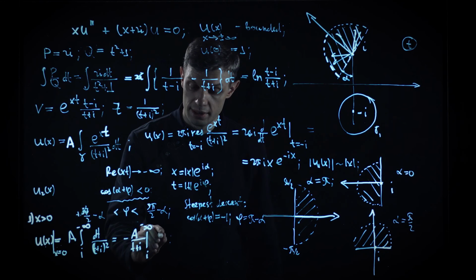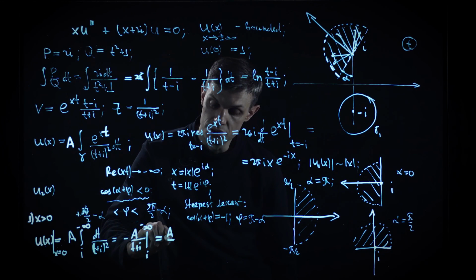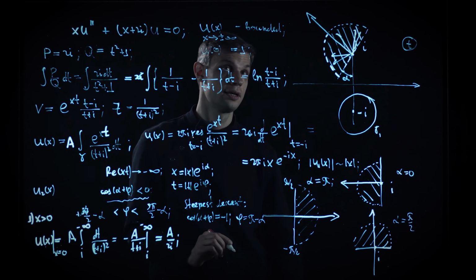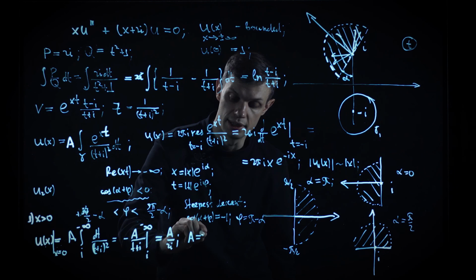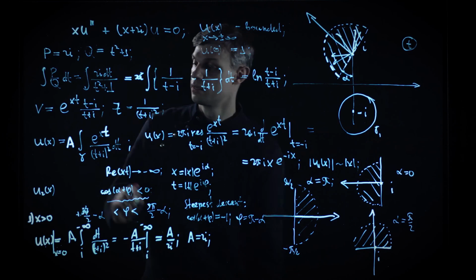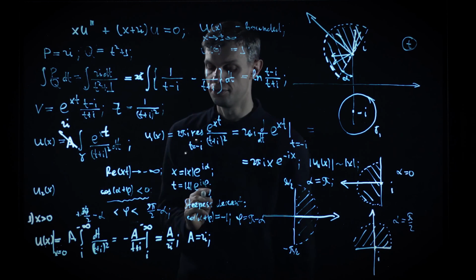It's just 0. So the integral is simply a over 2I. And hence, the constant a is simply 2I. So we fixed the normalization constant for our solution.